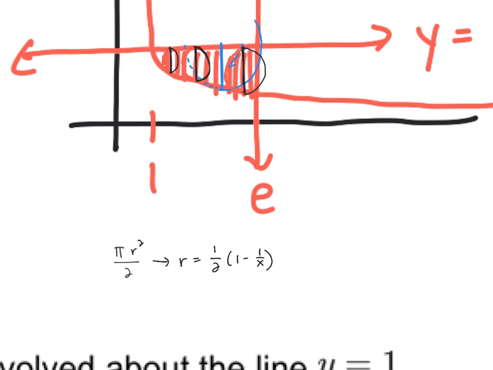Okay, and then if we combine those, we get pi, and then this squared is going to be times 1/4, 1 minus 1 over x squared, all over 2. Alright, so that's the area.